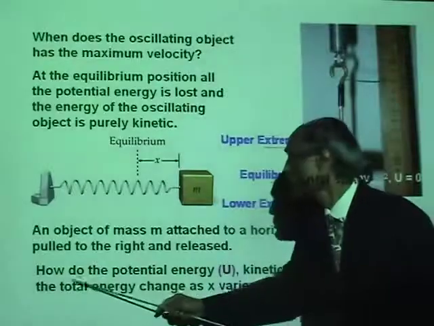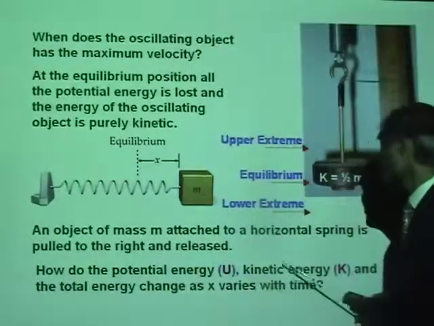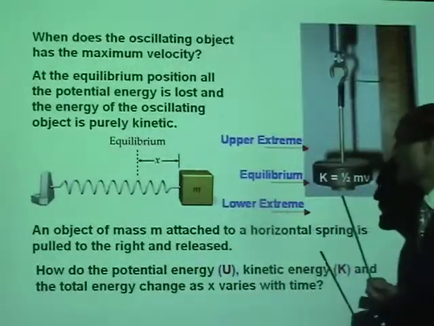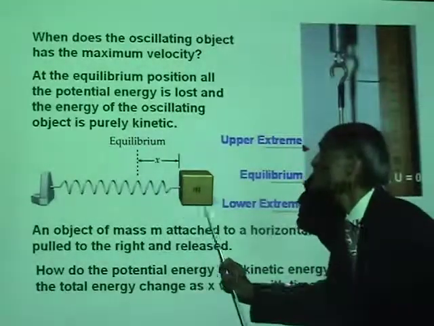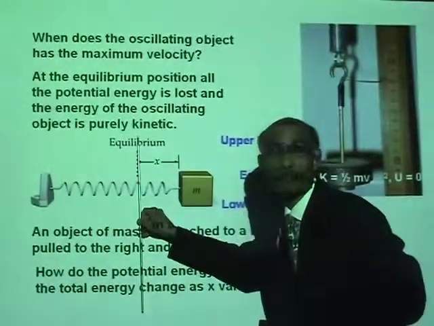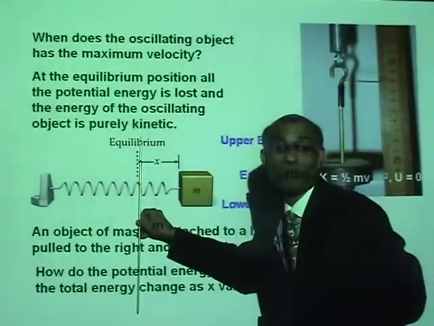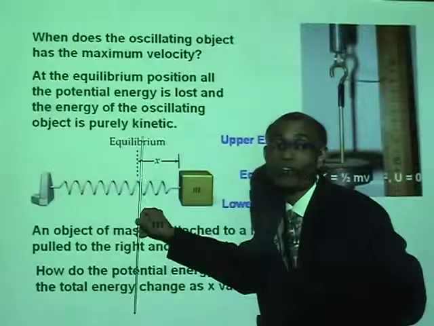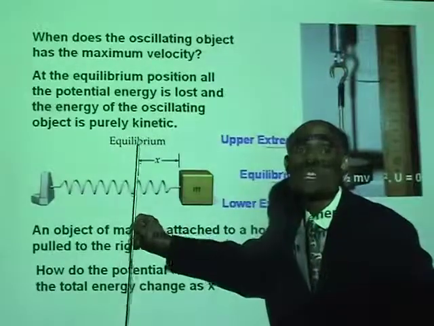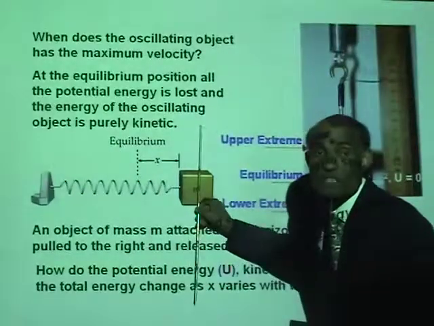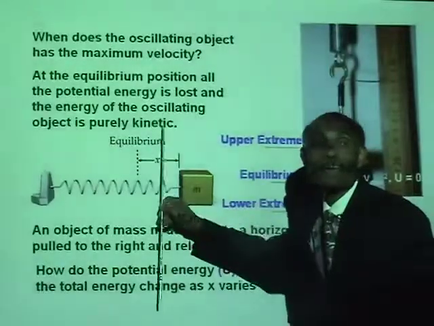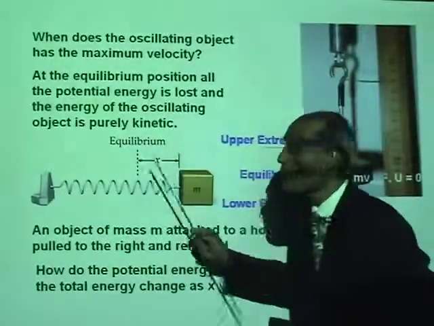How do the potential energy U, kinetic energy K, and the total energy change as x changes? When the mass is at the equilibrium position, x is 0. When x is 0, the potential energy is 0. The kinetic energy is maximum. When x is maximum, potential energy is maximum, kinetic energy is 0, and so on.